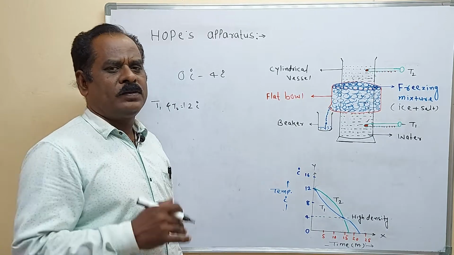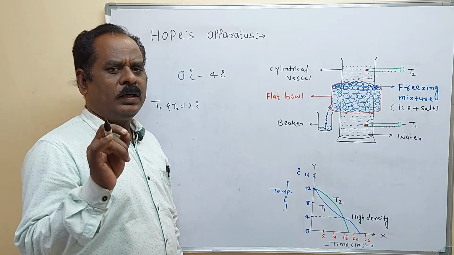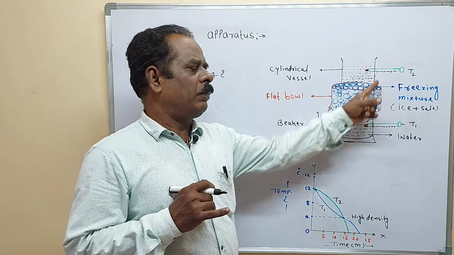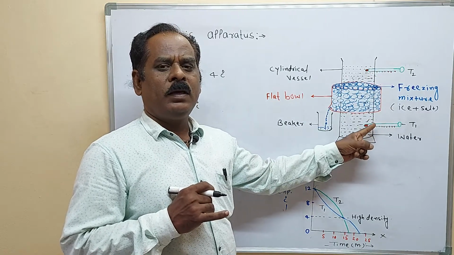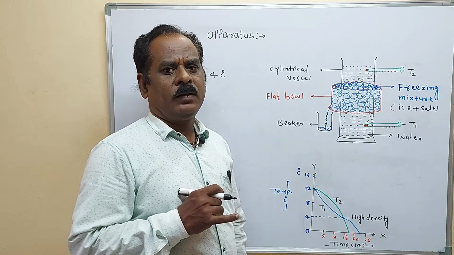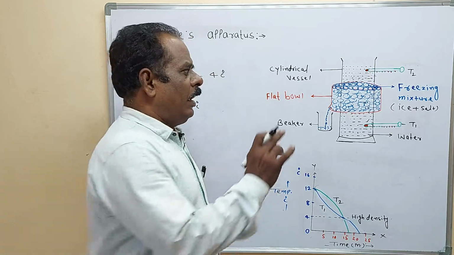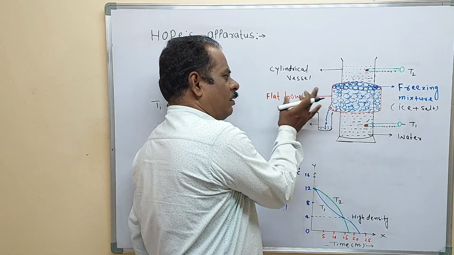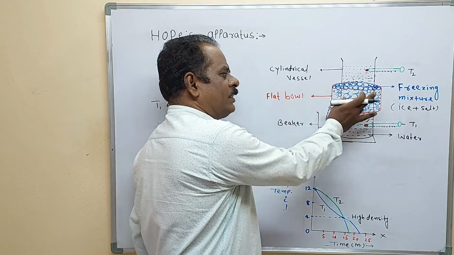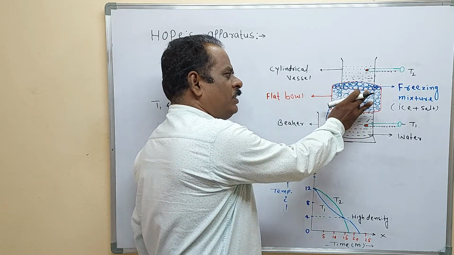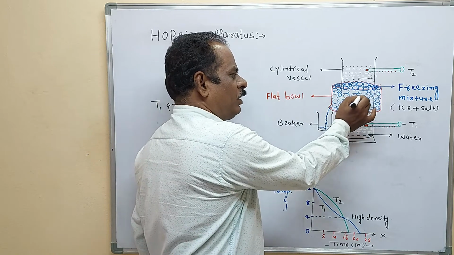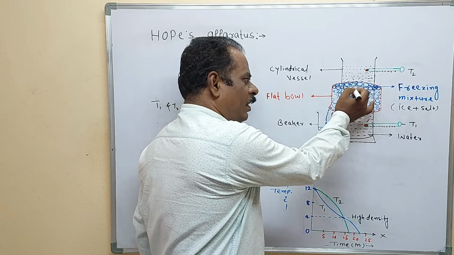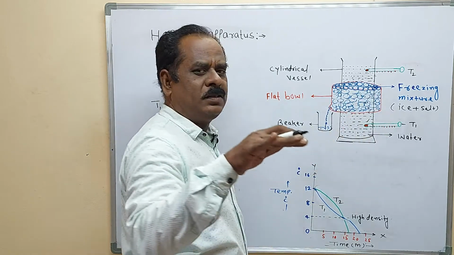After a few minutes, note the temperature of both thermometers carefully every 30 seconds. Actually, what happens here? The freezing mixture is taken in the flat bowl at the center. Due to the freezing mixture, the temperature of the central area of water decreases fast.